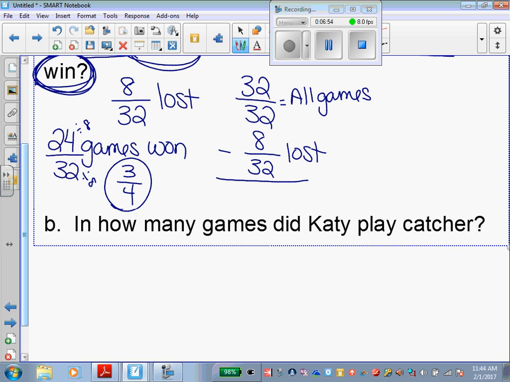Would I have accepted 24 out of 32? Yes. Which one do I prefer? The simplified one. I prefer 3/4. On the EQT, what's it going to be? It's going to be simplified. On the ACT Aspire, what does it need to be? Simplified. Okay.